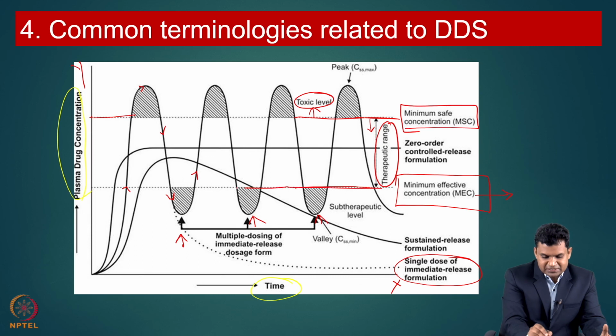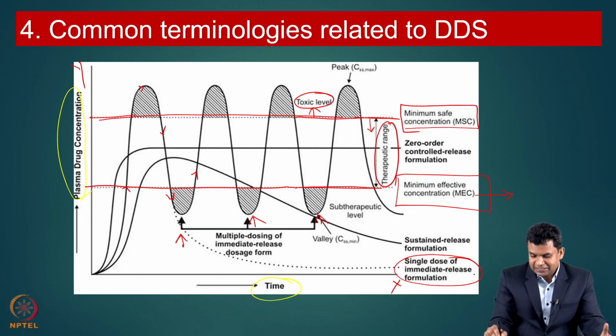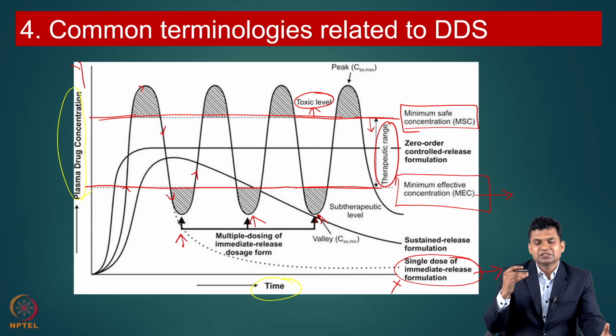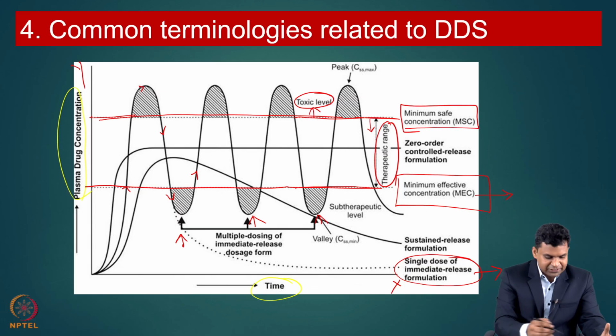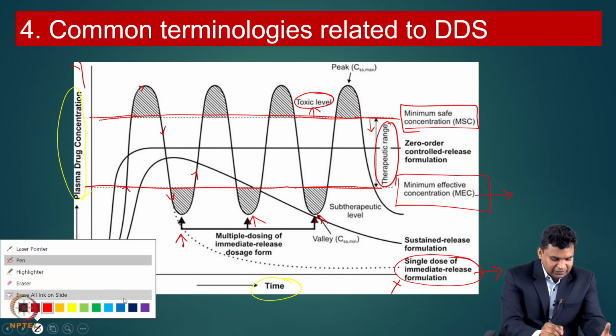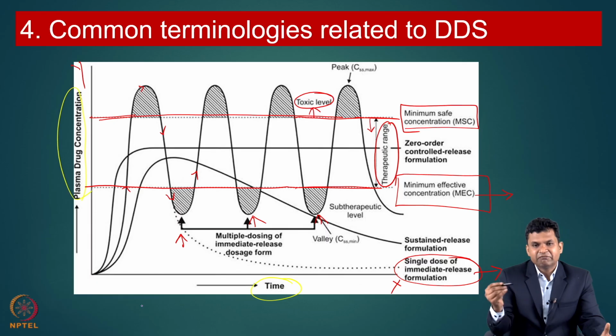This leads to patient non-compliance, we need to give frequent doses, and it also leads to toxicity. To avoid this, our formulation needs to be converted into various types of drug delivery systems.